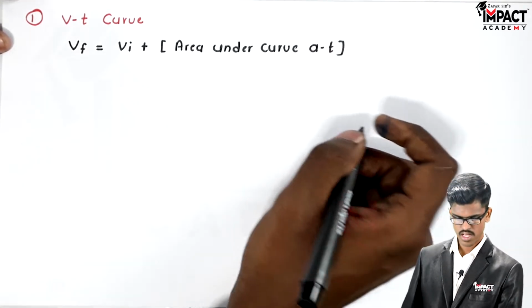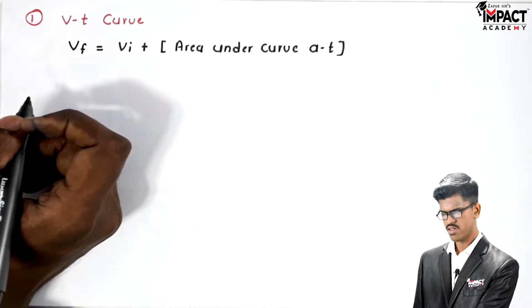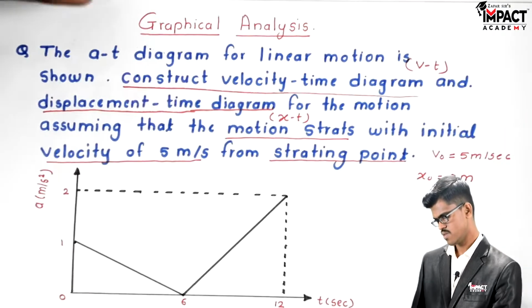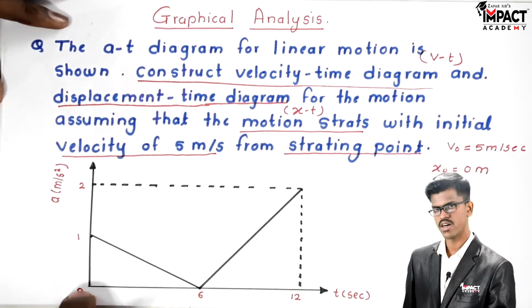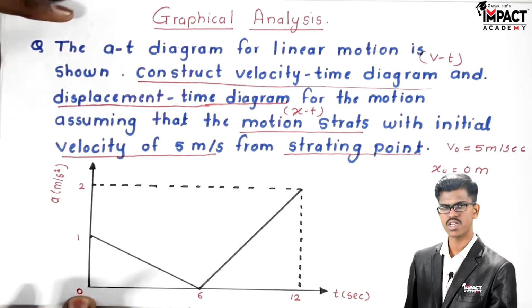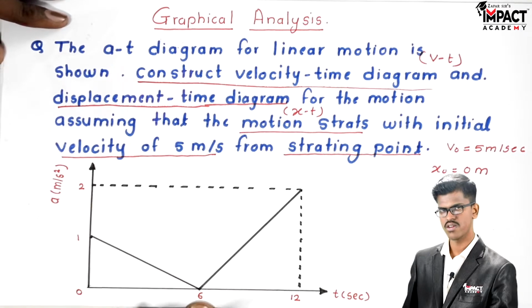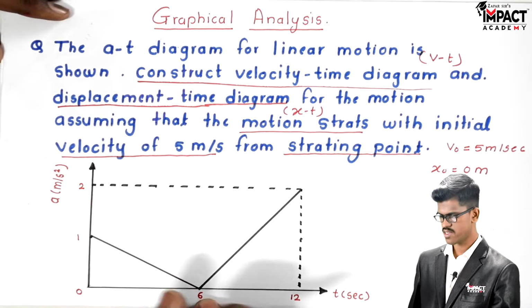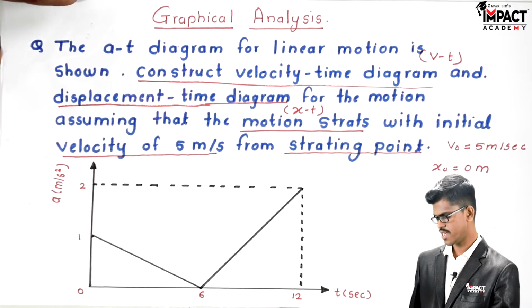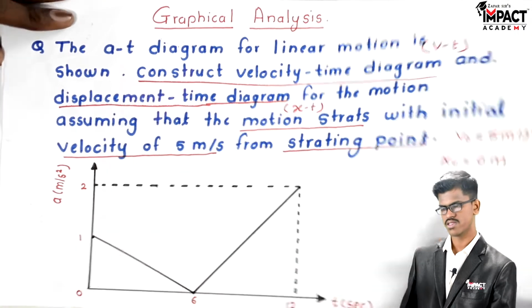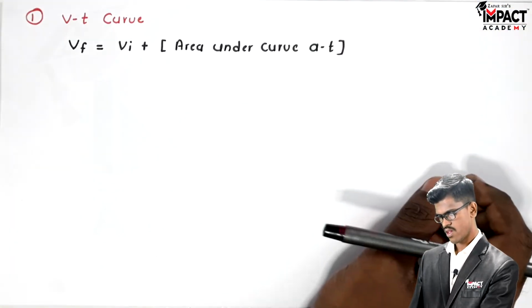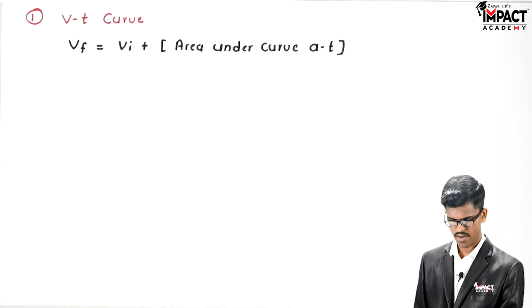So let's start with the solution. We have to find the velocity when t is equal to 0 seconds. We have to find the velocity when t is equal to 6 seconds. We have to find the velocity when t is equal to 12 seconds. So first start with the first.